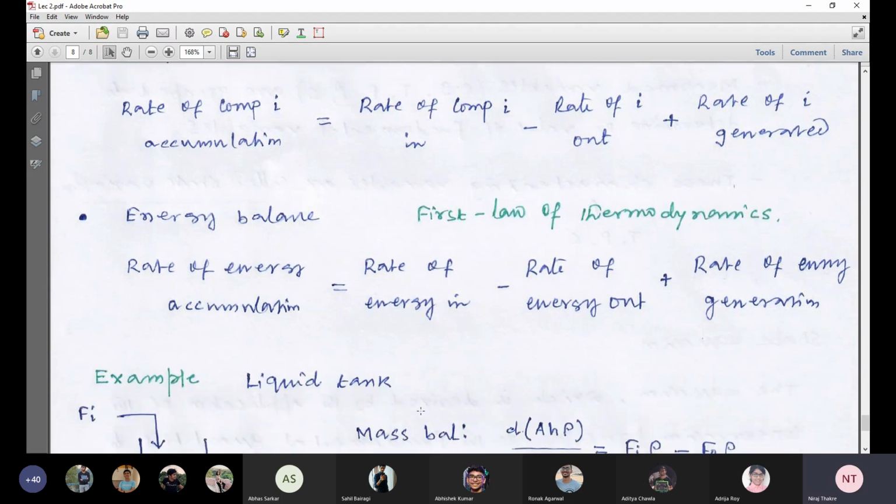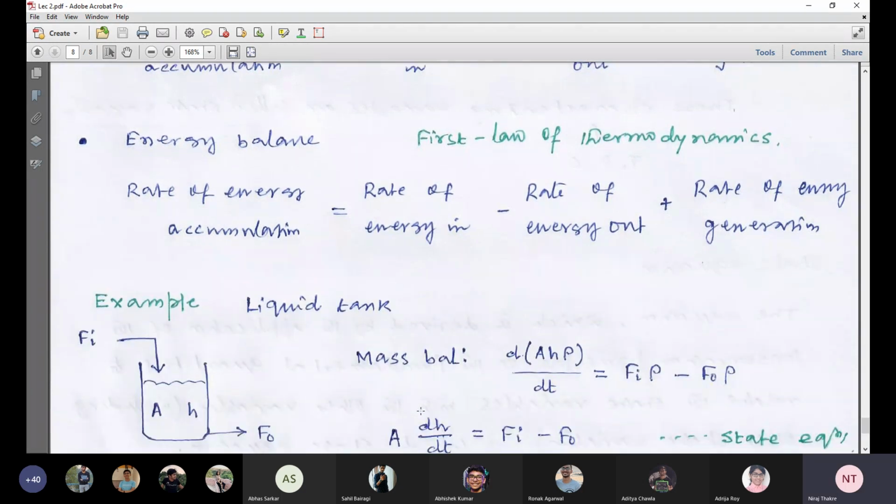Now let us come to one example. You see, this is a liquid tank system. You draw this figure, open loop process diagram.